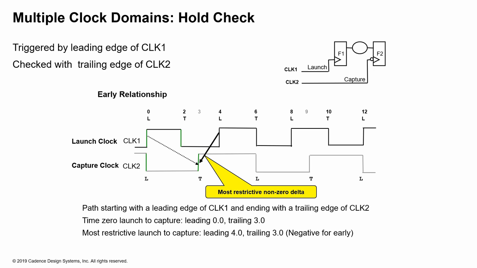So if we look at the most restrictive launch to capture, it's 4 and 3, and if the data is safely stored, then you're okay. Otherwise, you're failing the hold check.